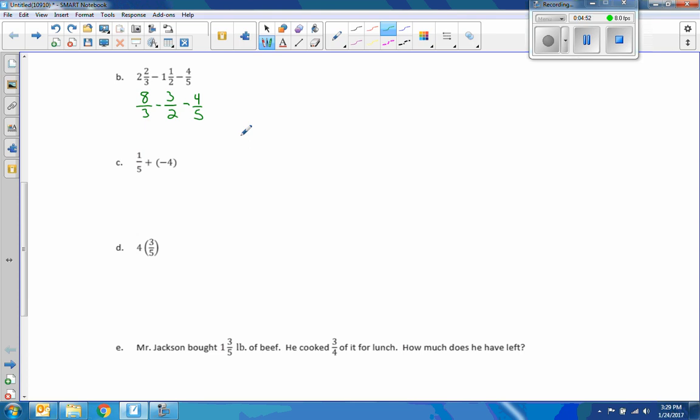Now we want to get the same denominator, like terms. So what's the greatest common factor of 2, 3, or I'm sorry, least common multiple of 3, 2, and 5.